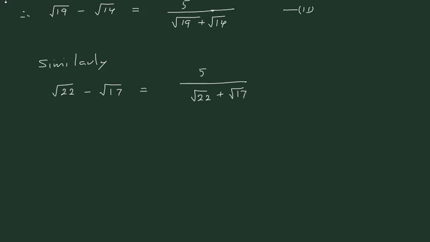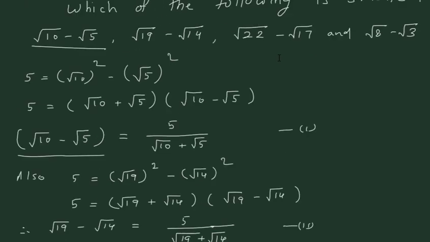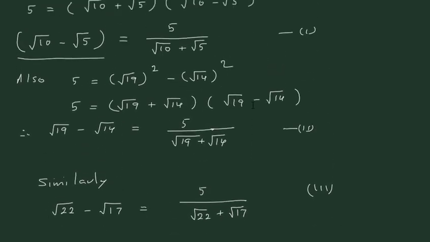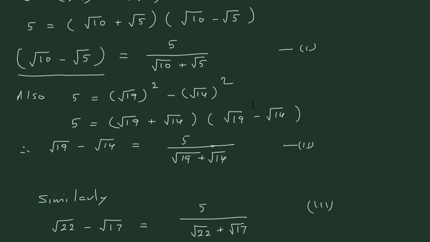And last we have root 8 minus root 3. So I will say that root 8 minus root 3 is equal to 5 divided by root 8 plus root 3. This is the fourth expression. Now if the denominator is a larger value, then its overall value is small.